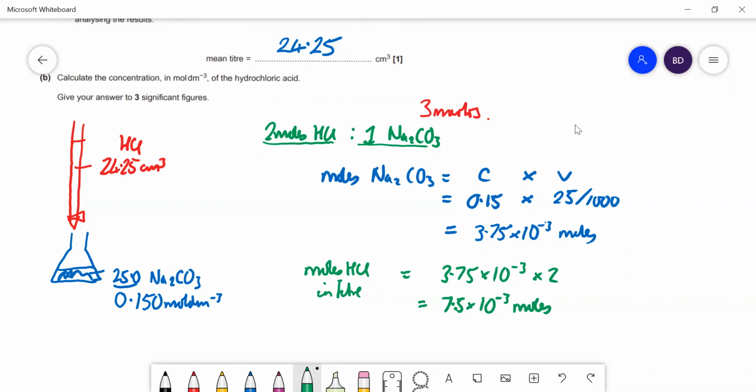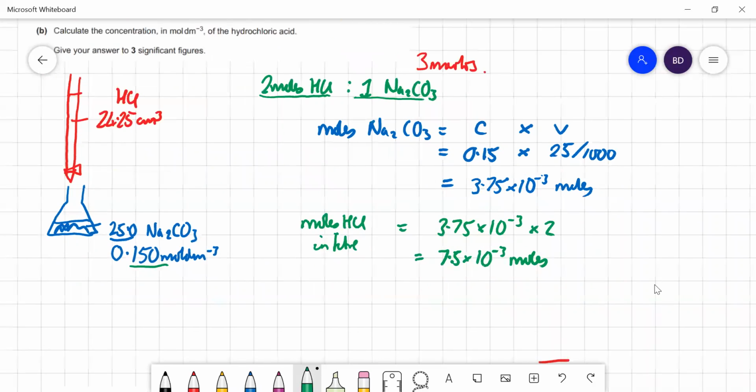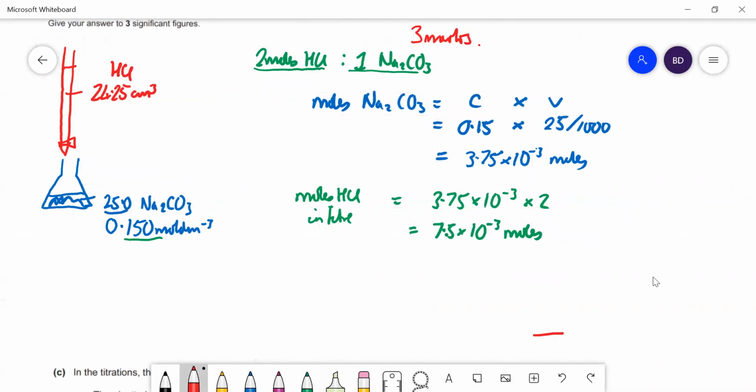Now we know that was in a volume of that, so let's work out the concentration of HCl. It is equal to the moles over the volume. So that's 7.5 times 10 to the minus 3 divided by the titer, 24.25 over 1,000.